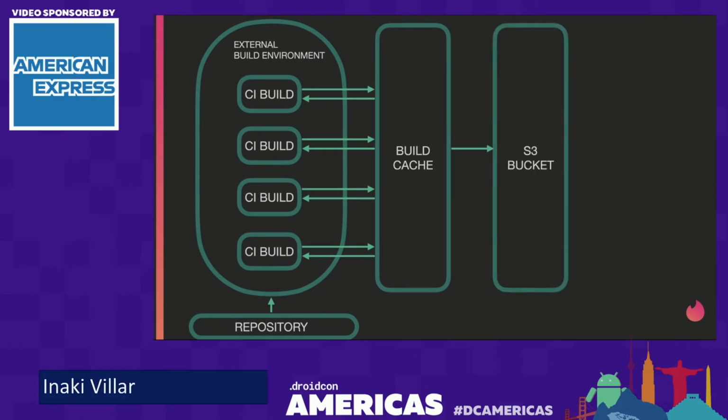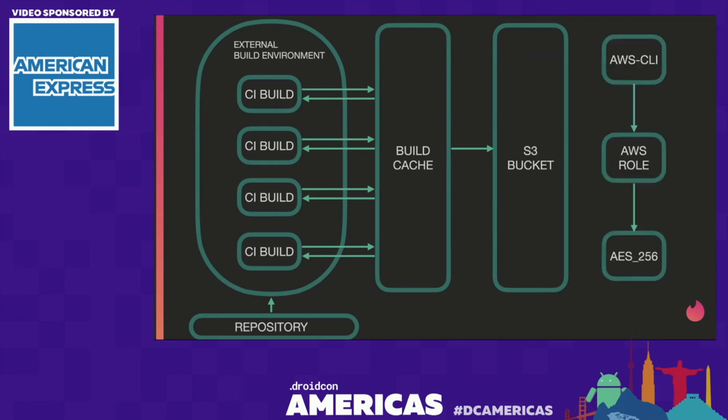Our external CI provider is CircleCI, and we analyzed how beneficial it would be to use AWS instead of Google Cloud, and we chose AWS, closer to our CircleCI provider, because CircleCI is also in AWS, and we applied some security compliance aligned with our security department.